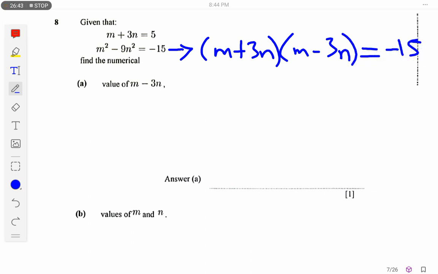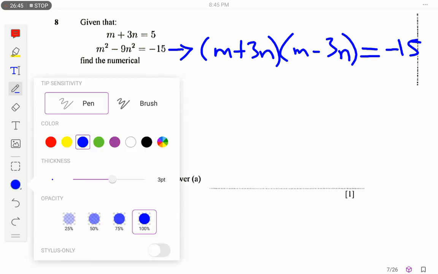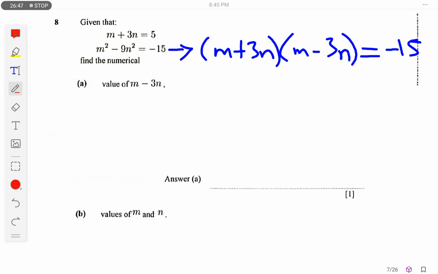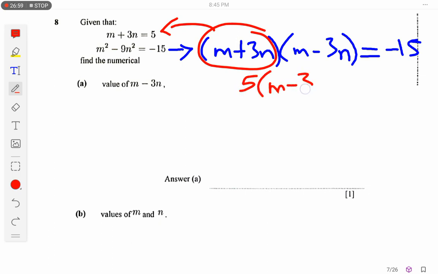Okay. Now, having this part, guys, we can now simplify. We know that this whole thing, m plus 3n, is equal to 5 from there. So I can write this 5 and m minus 3n is equal to minus 15 like that. You see?